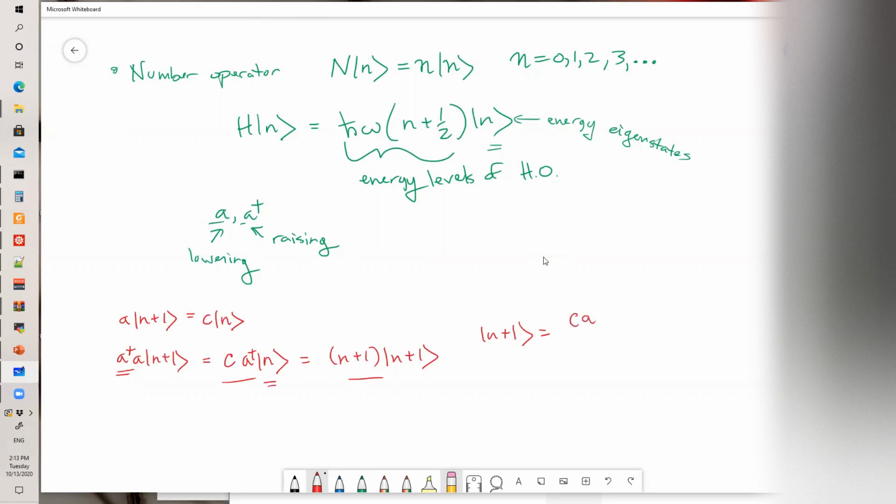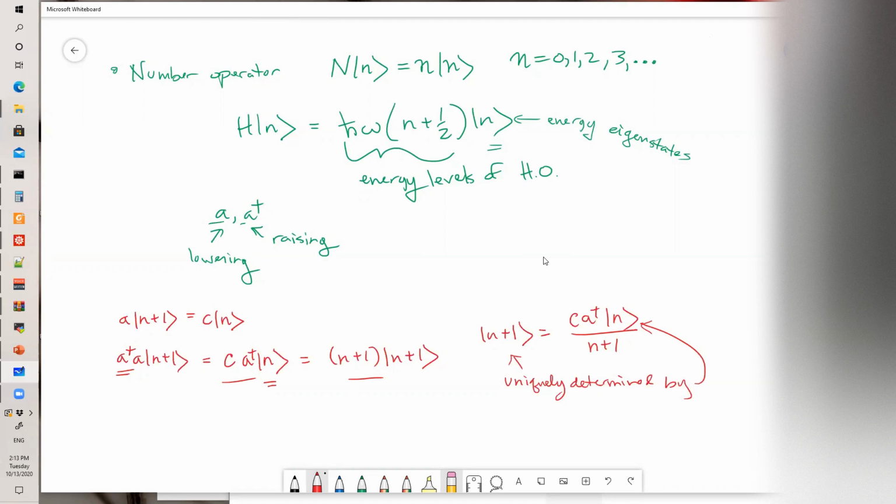It's C A dagger n divided by n plus 1. So this state is uniquely determined by the previous one. This is what I mean, in a sense, the raising and lowering operators do construct the full spectrum.